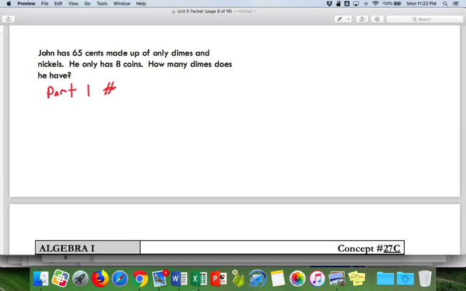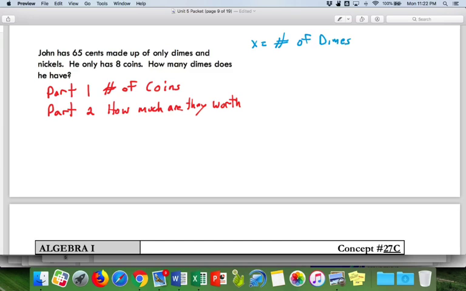So we can solve this problem in 2 parts. The first part is the number of coins. The second part is how much they are worth. As we work this, we also need to define what our variables are. We can set X equal to the number of dimes. We can set Y equal to the number of nickels.